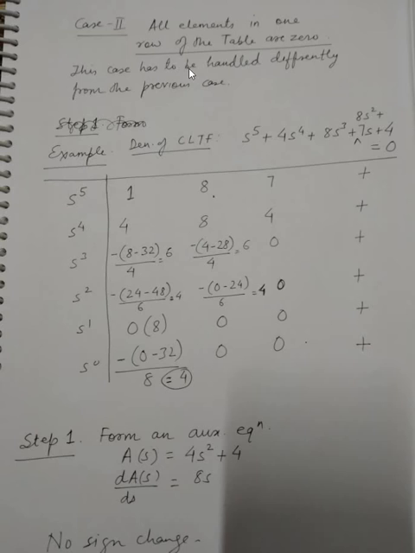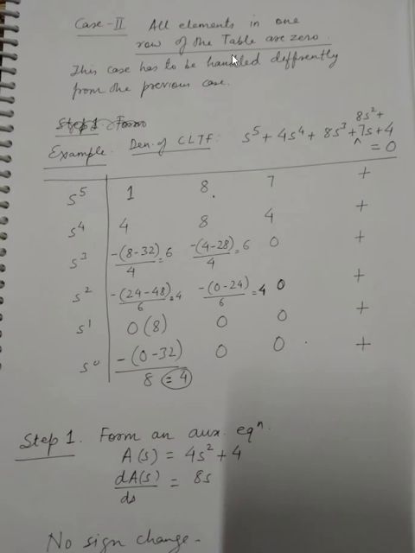I don't have any logic here for this because we have not derived anything, we are just trying to understand some method. I have not gone into the mathematics behind it, so I cannot comment on why, but you can understand the method behind it. So this has to be handled differently from the previous case. That is the bottom line.